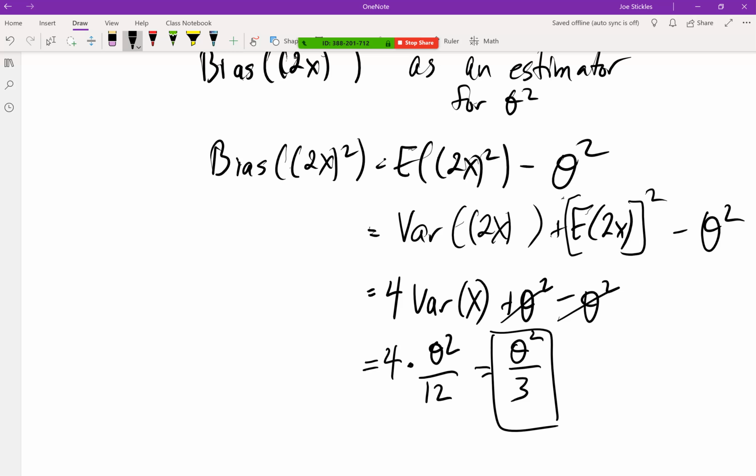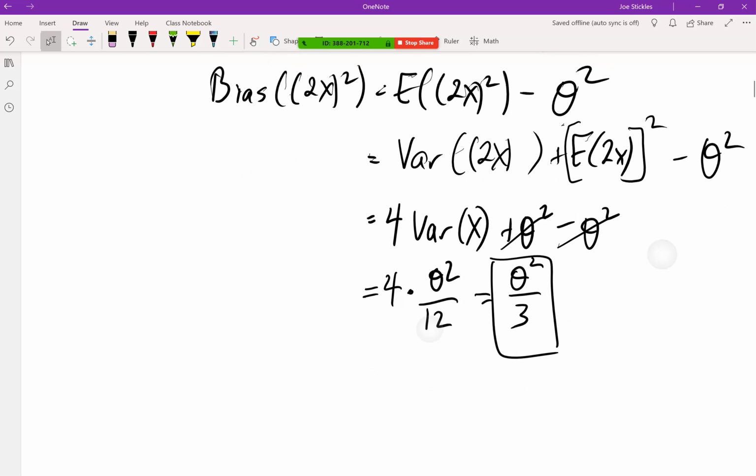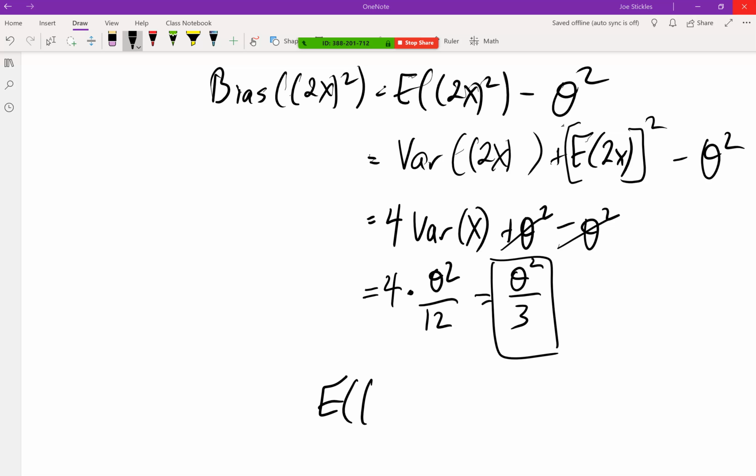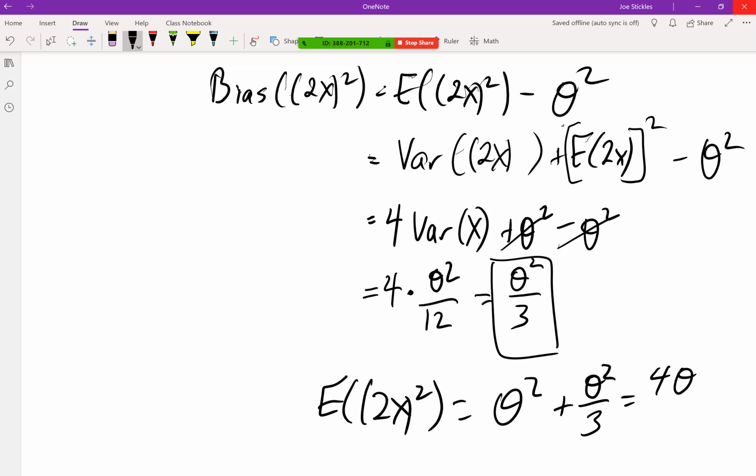Yeah. And as a matter of fact, if you know the bias, then you know the expected value. So we know now that the expected value of the 2x squared must be the theta squared that you're trying to estimate plus the bias that's in it. So you'd have 4 theta squared over 3.